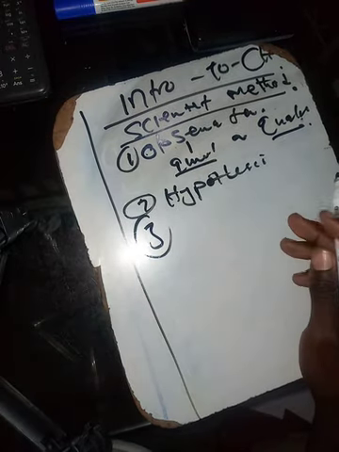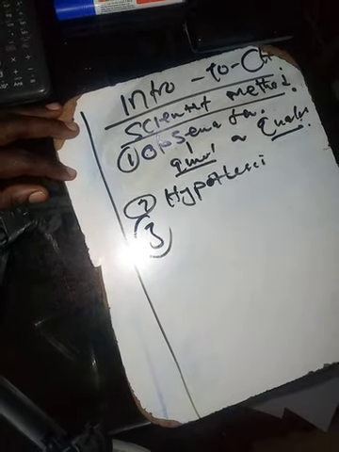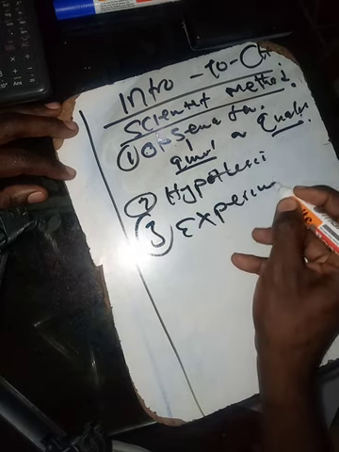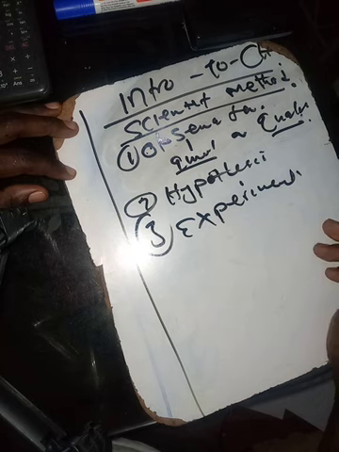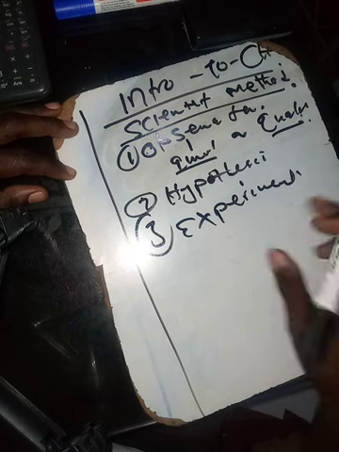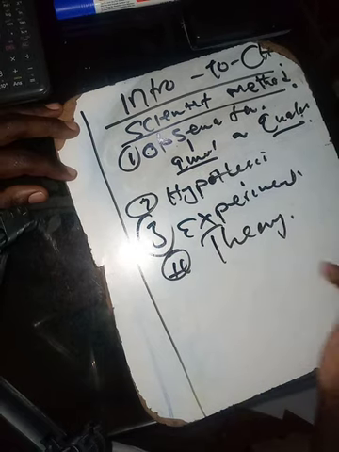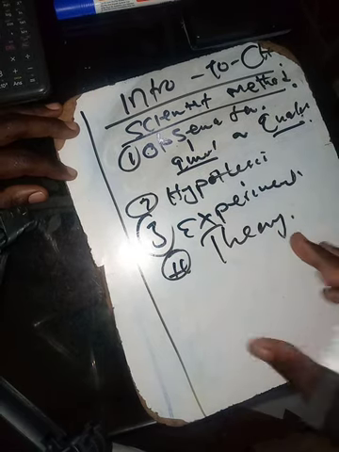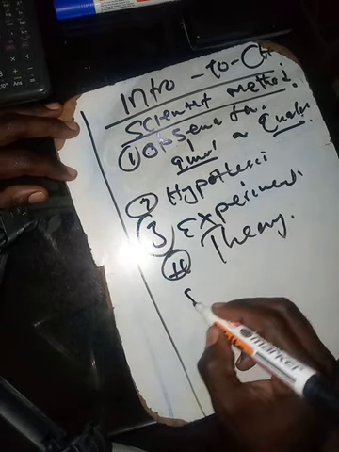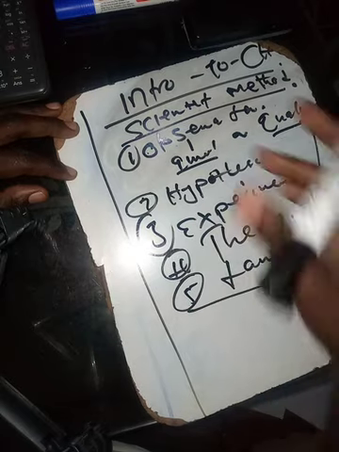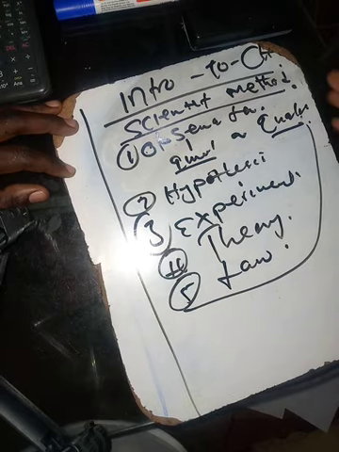Number 3, they need to do the experiment. When they perform the experiment, they come up with a theory. This theory can further be expanded into a law. All of these fall under scientific method.